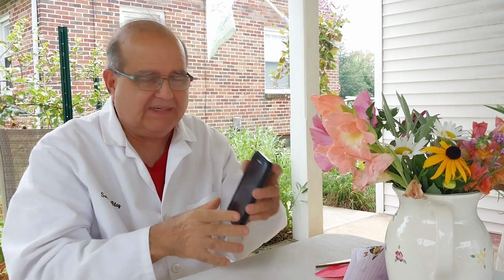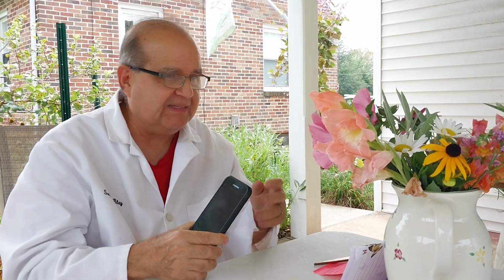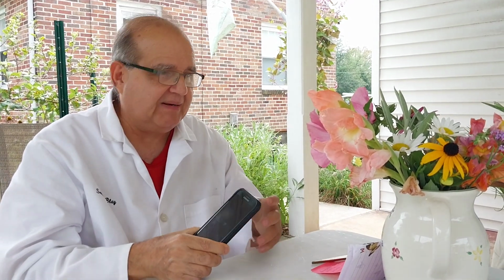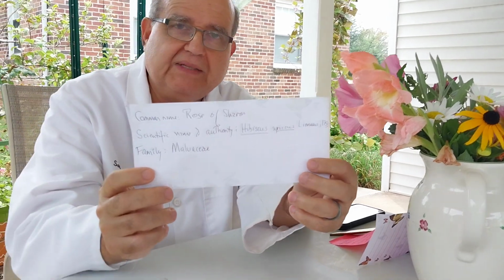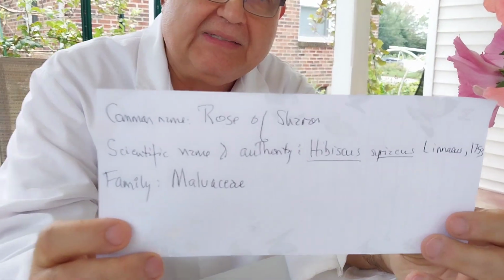And in this case, it was described by Linnaeus in 1753. And then the other thing I want you to do is to give me the family. And the family, super easy. LeafSnap has it, Wikipedia has it, Tropicos has it, etc. It's the family Malvaceae.